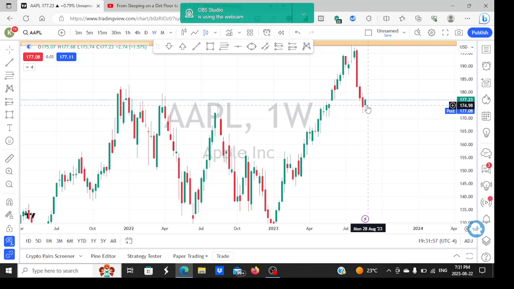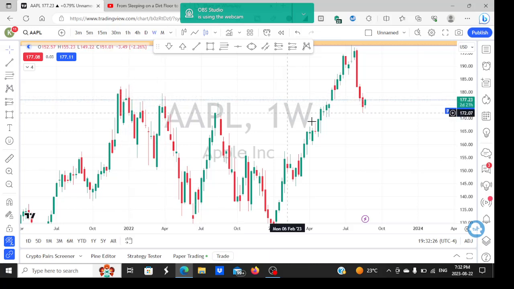And right now we see that there is a little pullback on Apple, even though it was going down for the past weeks, right? So this is one week, July, then August, then the August 14th week. So we see a little pullback here for August 21st, and this is because of this zone right here.